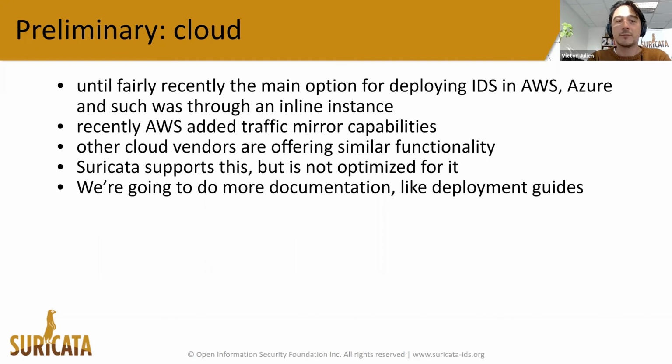This is also very much something that we can use community help with. If you are using Suricata in a cloud setting, please help us describe how you deploy Suricata, so that for other users, it's easier to understand what the different deployment models are and such.